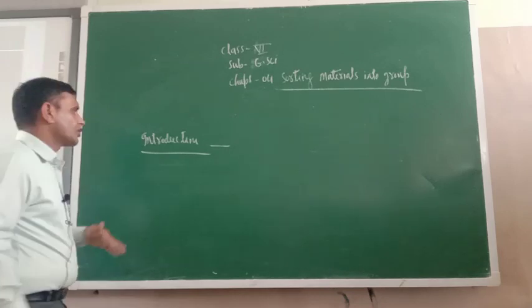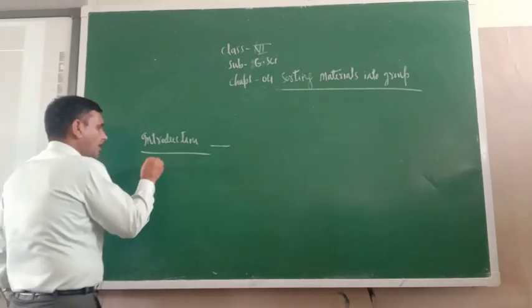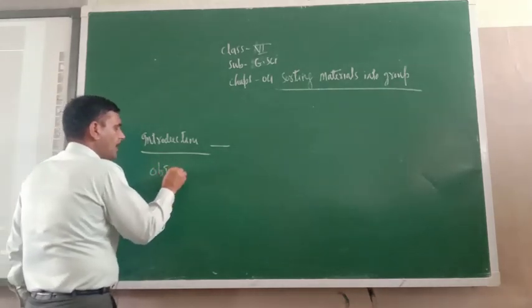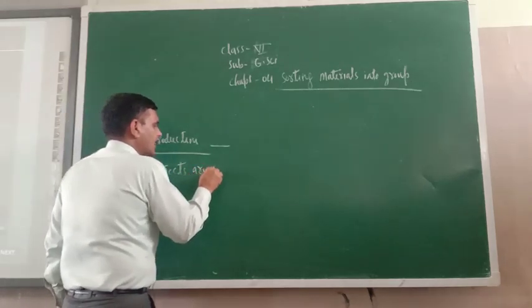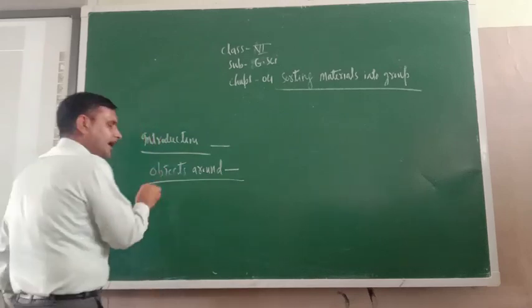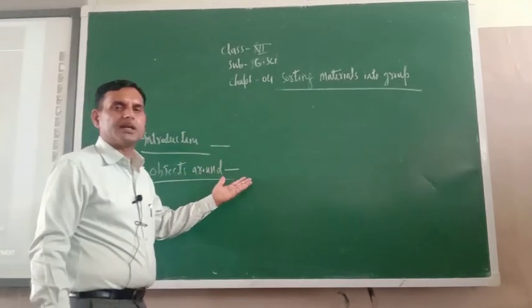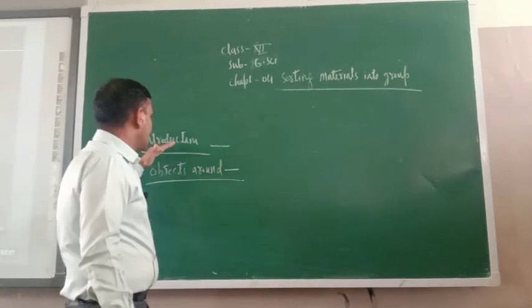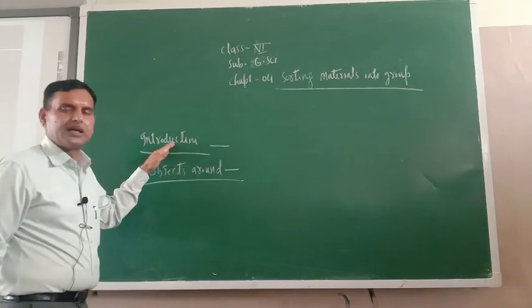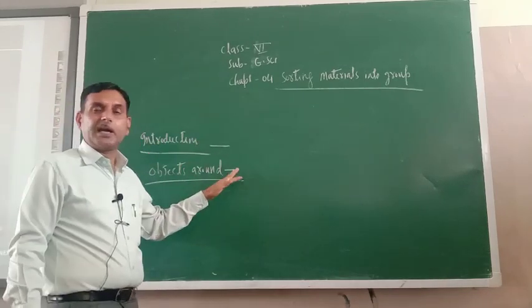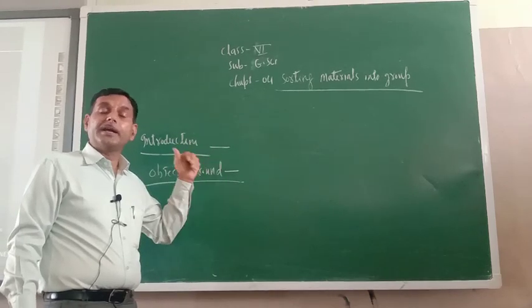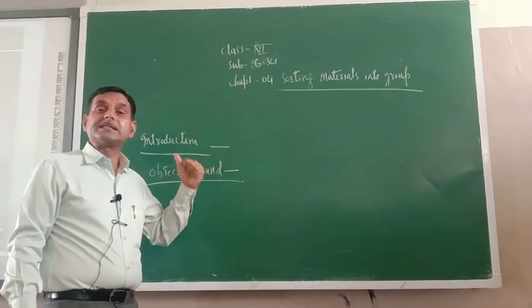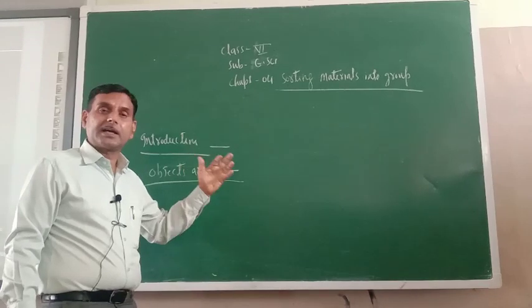So the introduction I taught you, and objects around us also. Now under this heading you can write any object which you have seen in your daily life. Under introduction you can write: objects are found in our surrounding which are different in shape, size and colors.